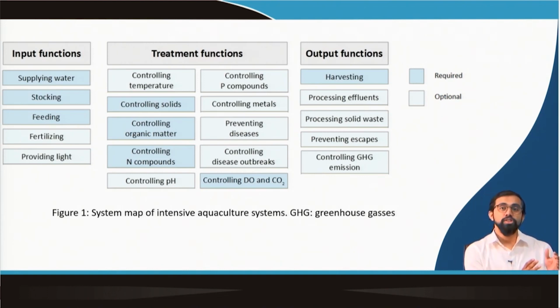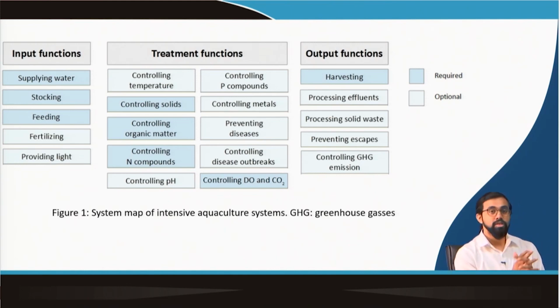The input functions are supplying water, stocking density, feeding interval, fertilizing capacity and which fertilizers you will be utilizing, and the amount of light provided. These are the input functions for intensive aquaculture systems. What are the treatment functions?